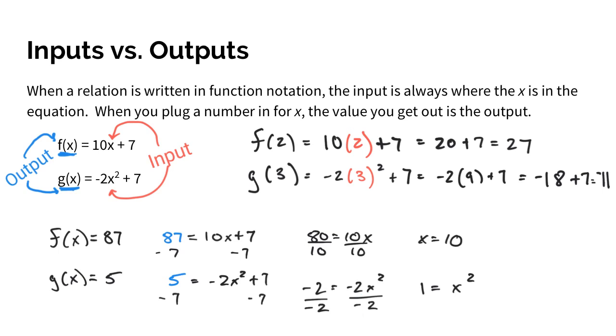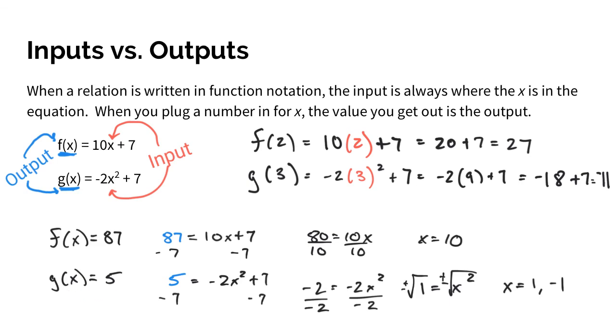And finally, to be able to solve, you're going to have to do the square root, but don't forget the plus and minus that exists when you're putting in the square root yourself. Because in here, our solutions could either be x equals 1 or negative 1 for our answers. And those are the two inputs in this scenario that give you that one single output of 5.